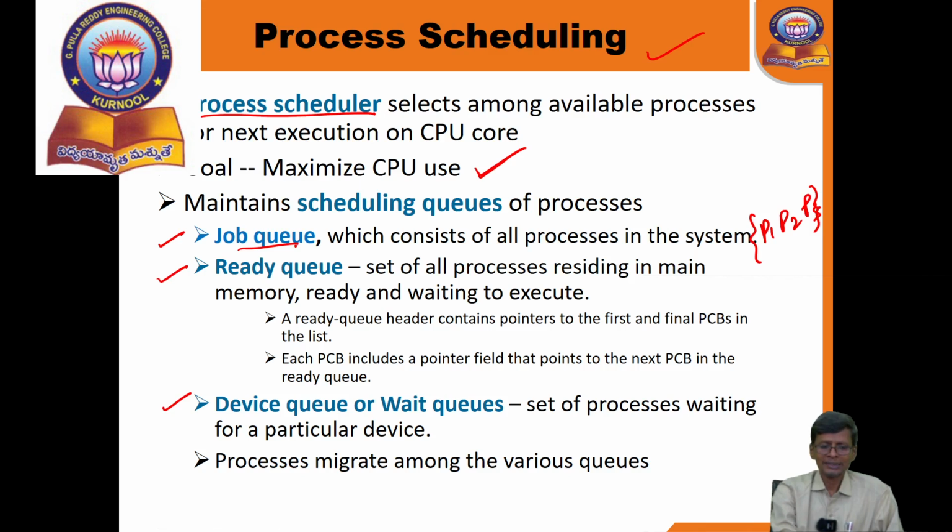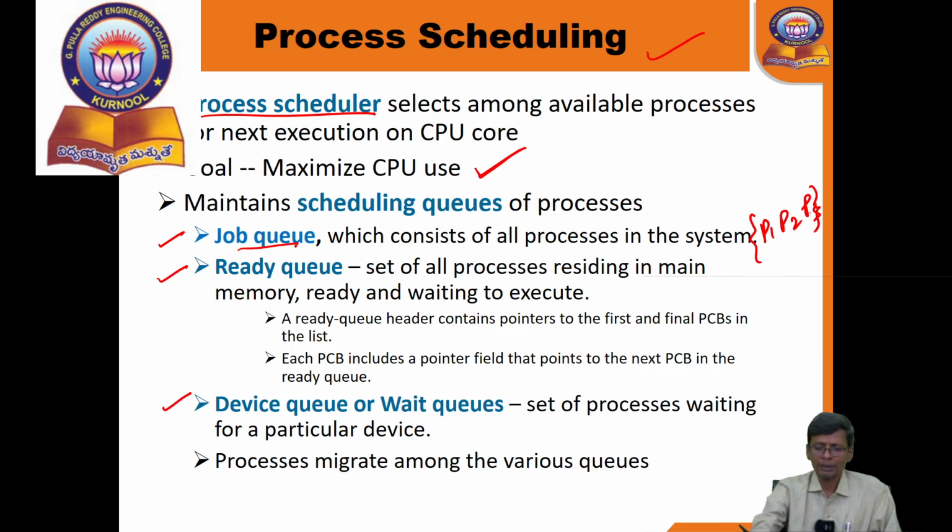The second one is the ready queue. The ready queue contains the processes which are ready to execute and waiting for execution. Let us take the example. Here there are three processes in the job queue, P1, P2, P3.